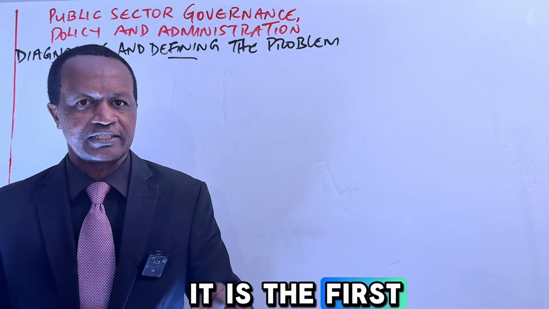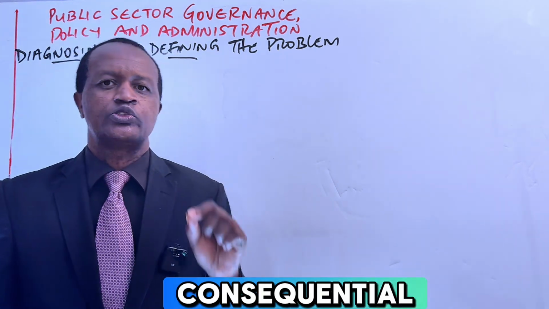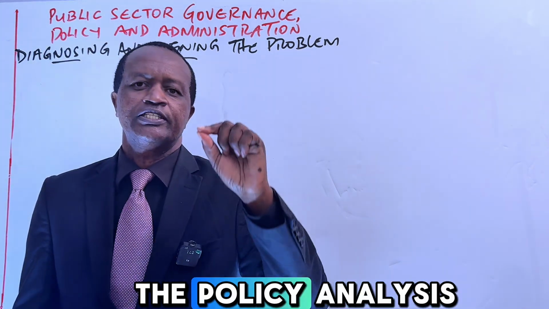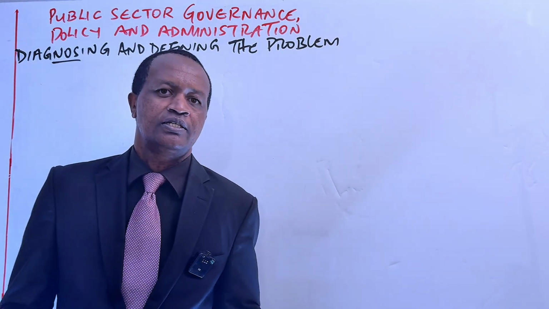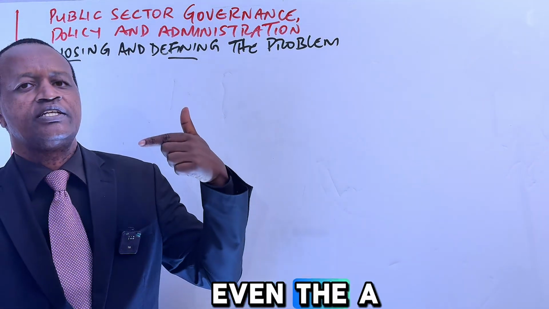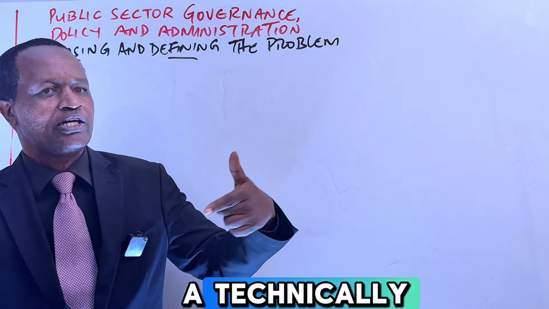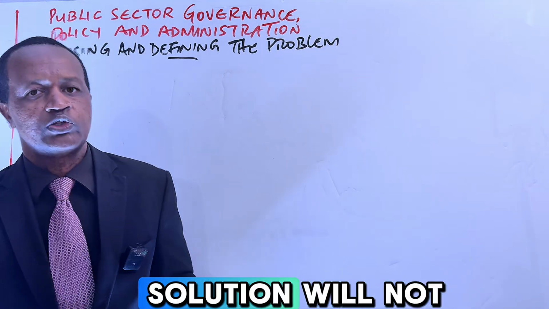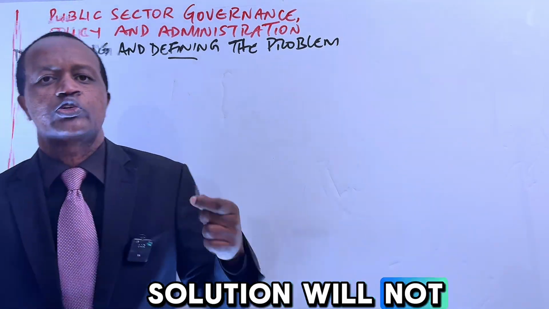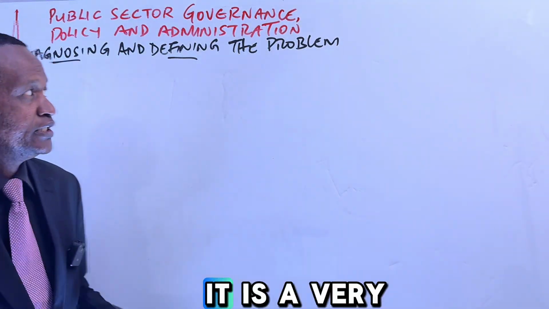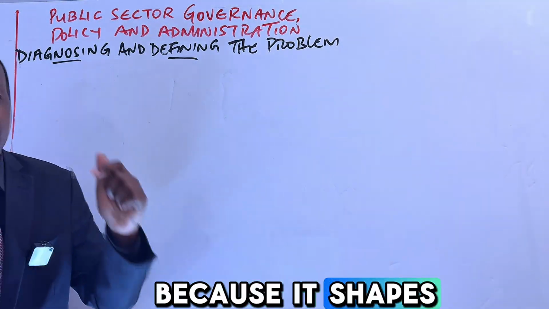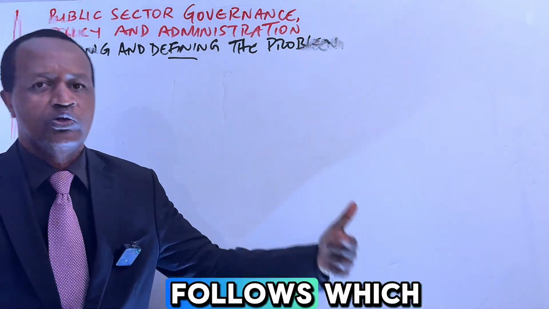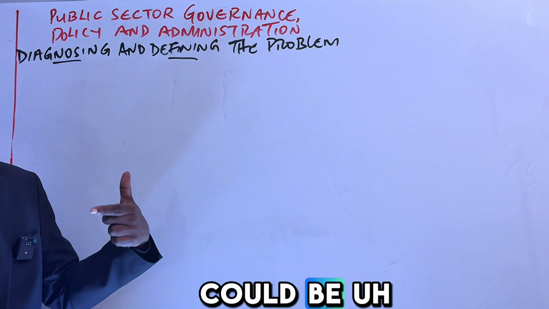It is the first and the most consequential stage in the policy analysis process, because if you get it wrong, even a technically brilliant solution will not address the problem. It is a very important stage because it shapes everything that follows.